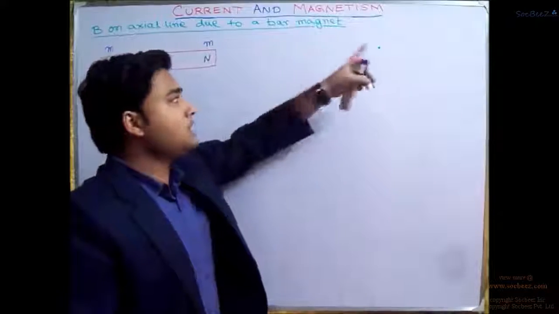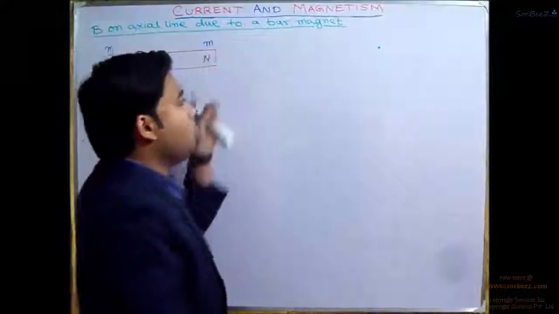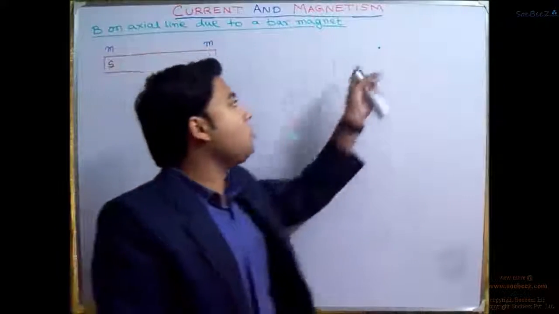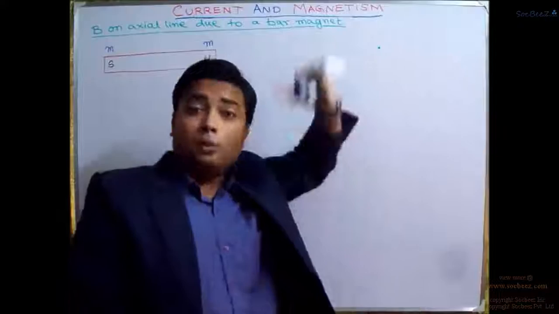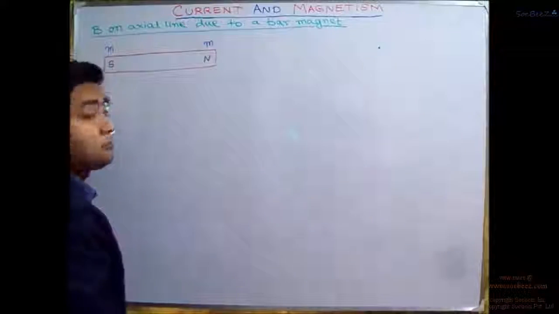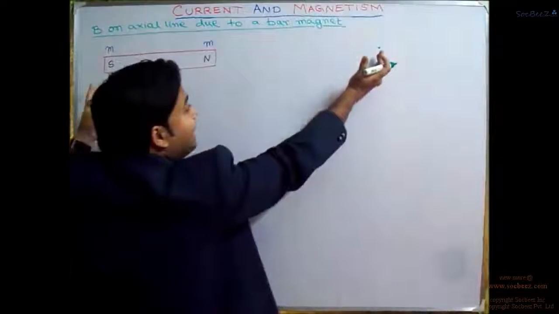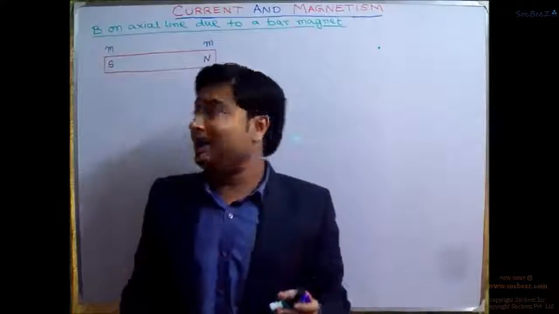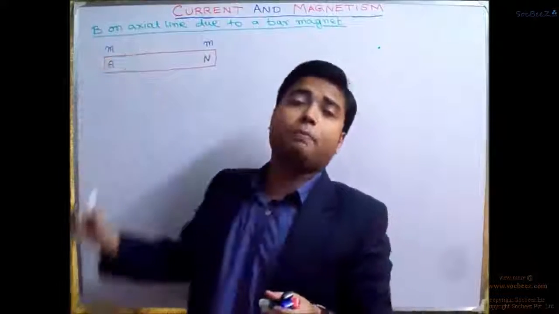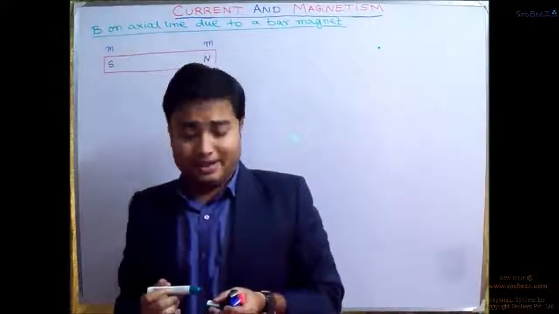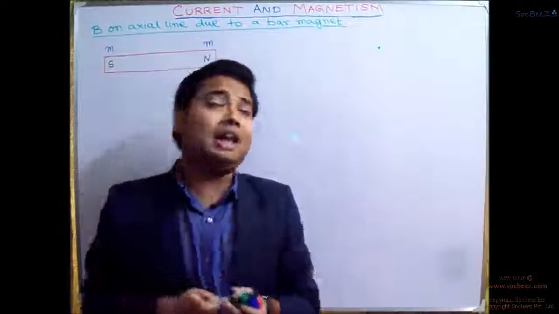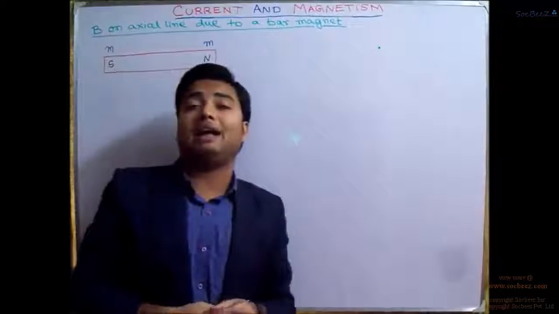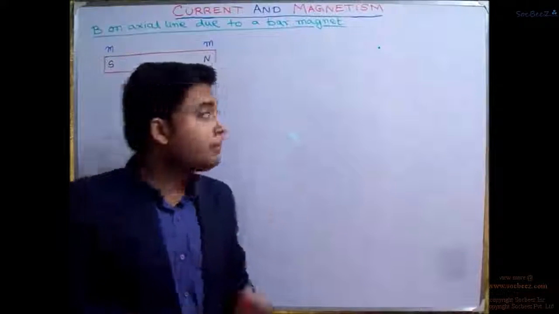This North Pole will repel, so the direction of the force will be in this direction, whereas the South Pole of this bar magnet will attract the North Pole, right? And that is the reason why they have equal but opposite pole strengths, and this is the reason why this bar magnet is also known as a magnetic dipole, right?